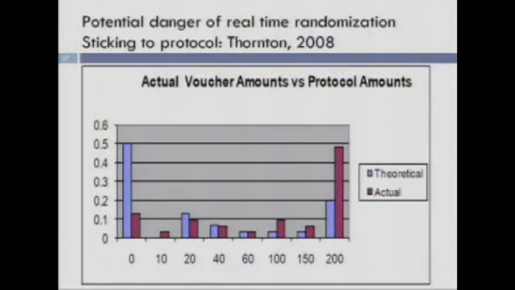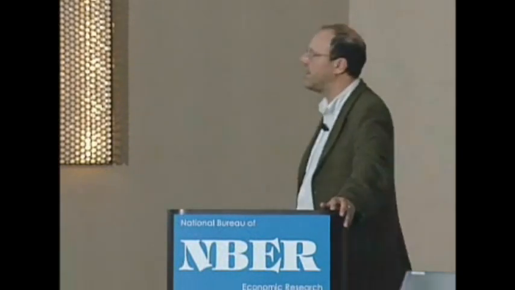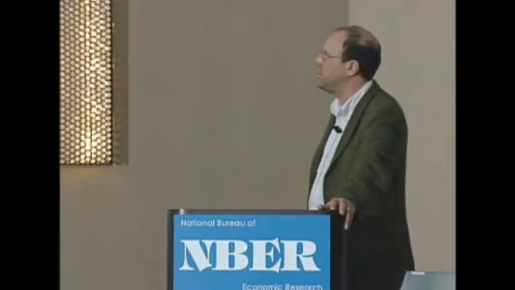The actual distribution of voucher amounts was given by the red. The nurses were supposed to randomize on the spot. I think it was nurses, and the enumerators in any case. They didn't like giving nothing to people, and they liked giving a lot to people. I think that's quite general. I'm sure there's a lot of corruption in the world, but when you're talking to somebody face to face, you want to help them out. So I think that's a general issue to be concerned about.